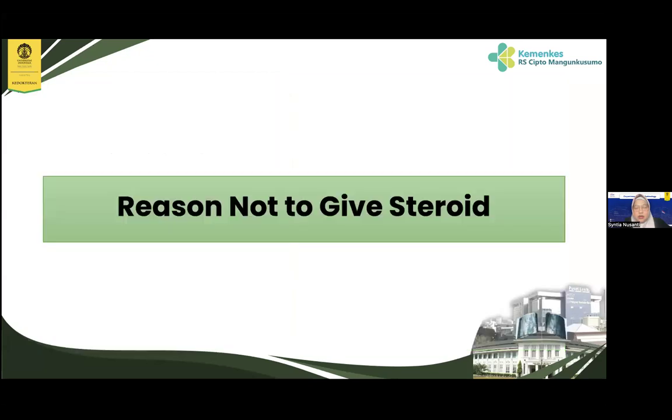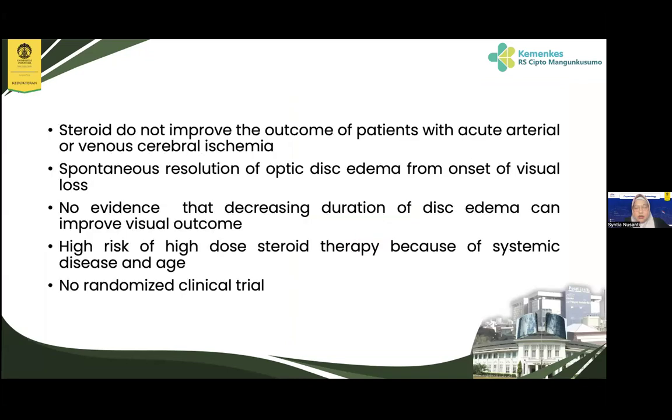But some studies also give reasons not to give steroid. Steroid does not improve the outcome of patients with ischemia, and spontaneous resolution of optic disc edema from onset of visual loss does not give any visual acuity improvement.